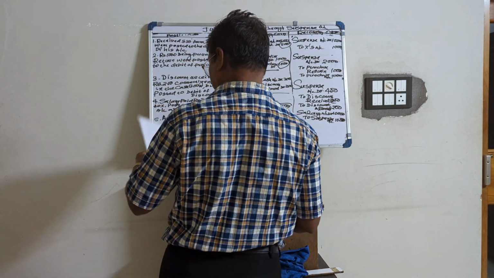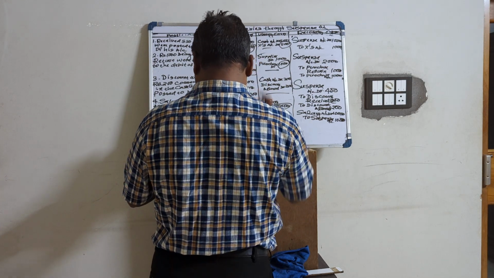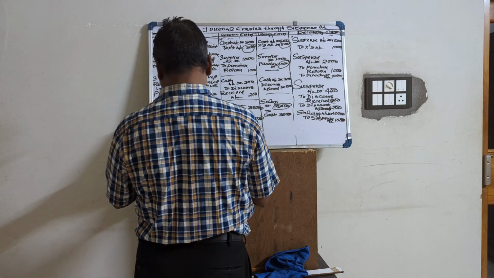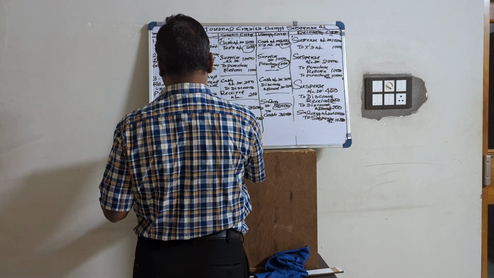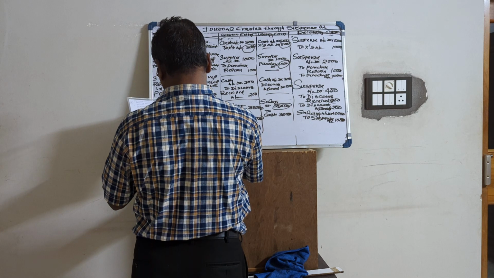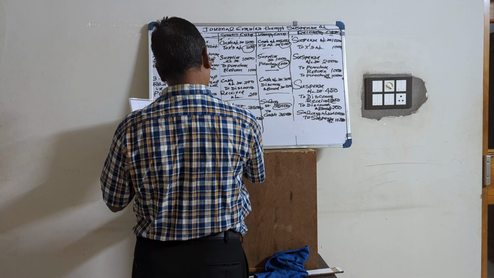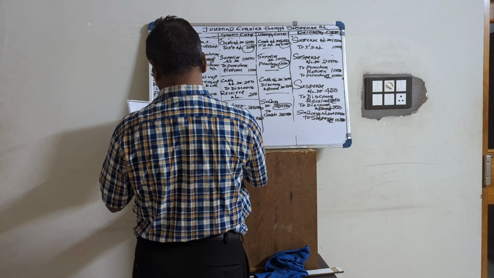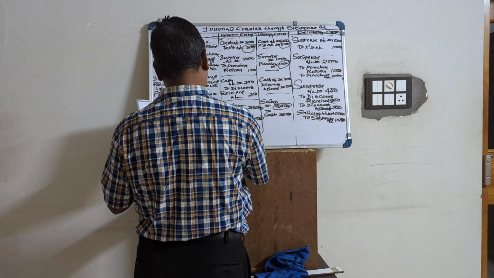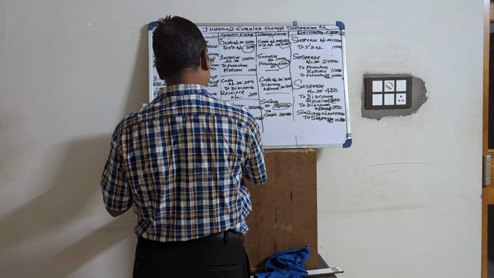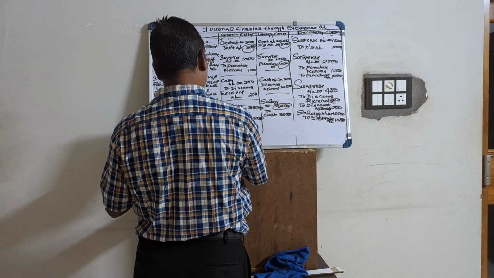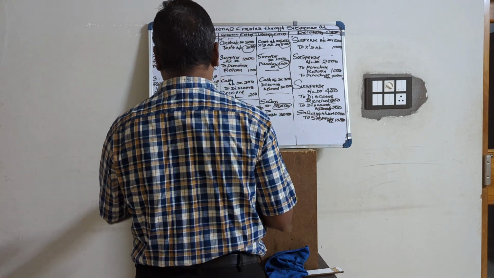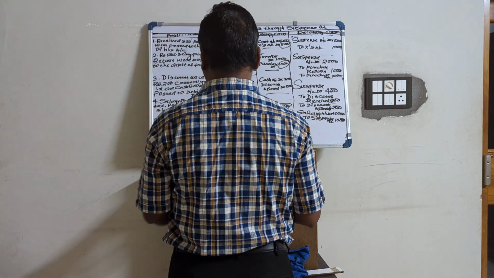So a purchase of rupees 4,000 has been posted through sales. First, the correct entry: purchase account debited, that is 4,000, to supplier account, being goods purchased from supplier on credit basis.